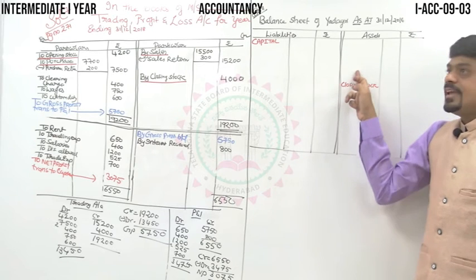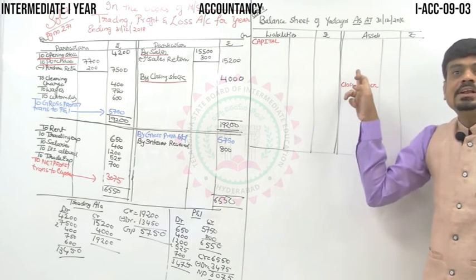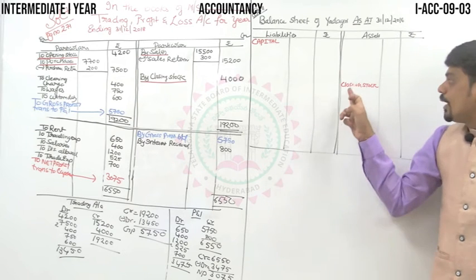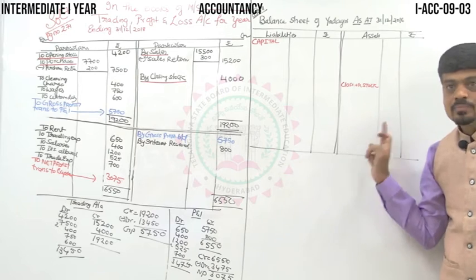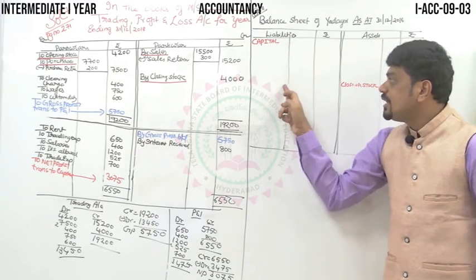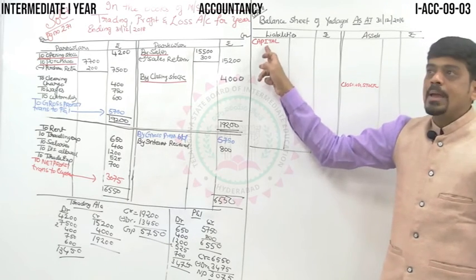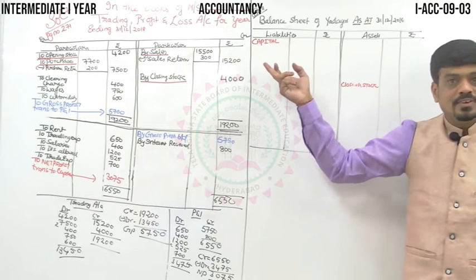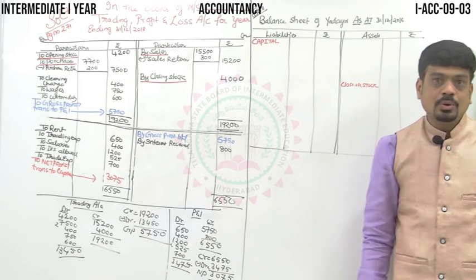Whatever gap is there above the closing stock, this is meant for writing the fixed assets. And below closing stock, we'll write all current assets. Like that, opposite to closing stock on the liability side, from down we'll write all current liabilities. And here capital, which is the long term or fixed liability, you can post easily. There won't be any tension.